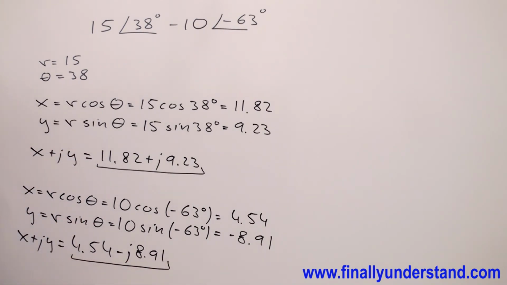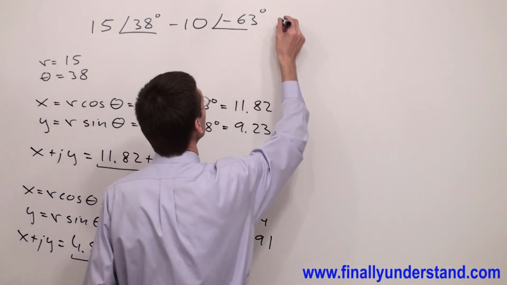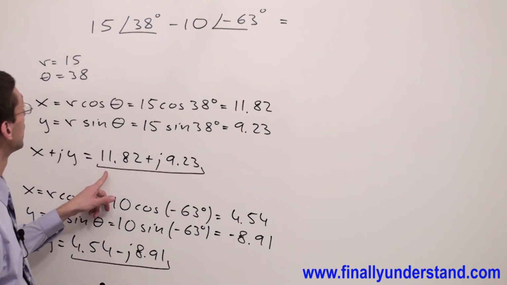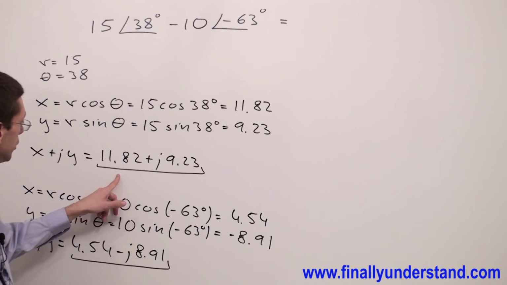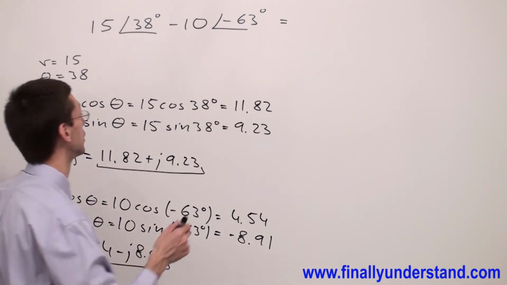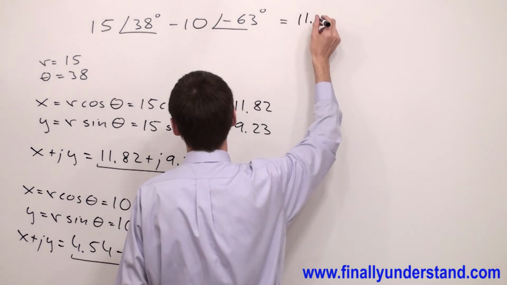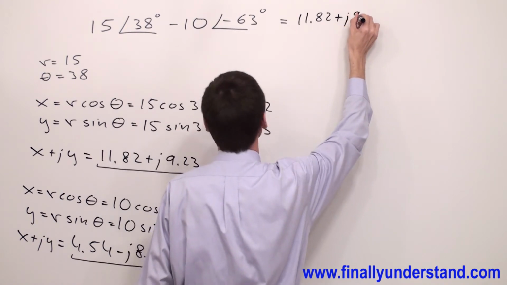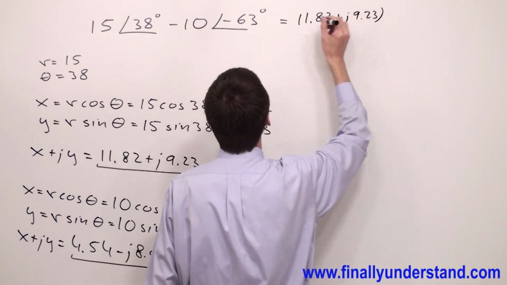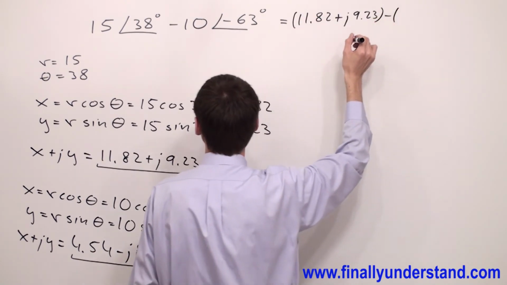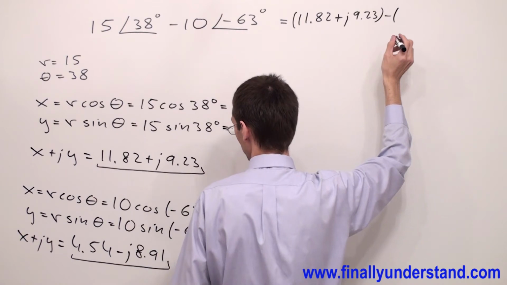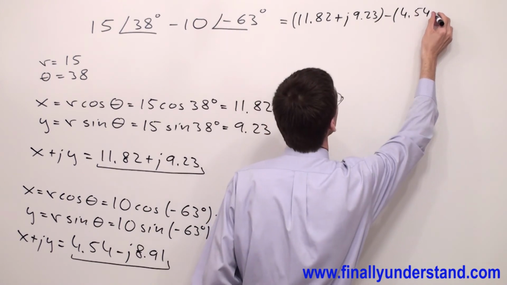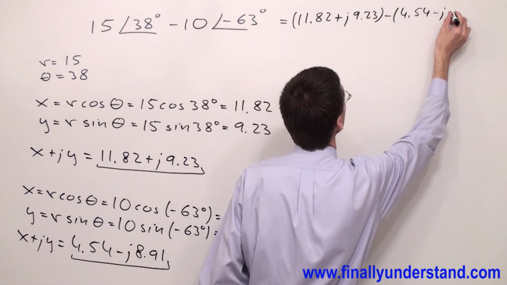Okay, so now I can say that my first complex number in polar form is equivalent to this complex number in rectangular form, which is equal to 11.82 plus j 9.23 minus open parenthesis, and I have 4.54 minus j 8.91.